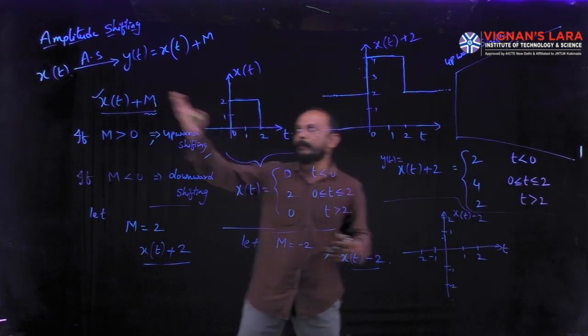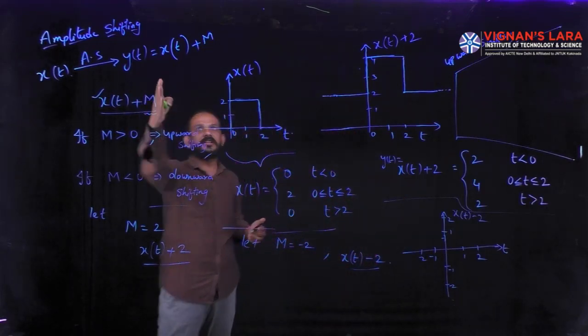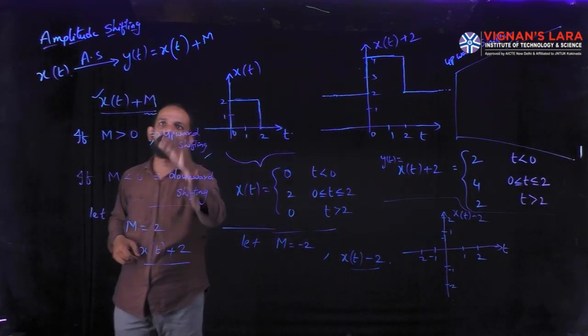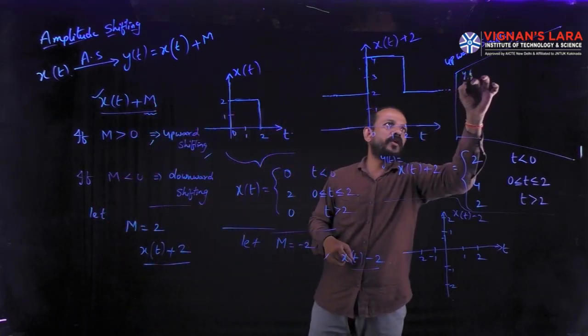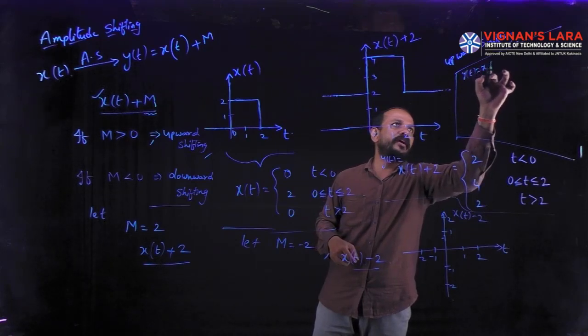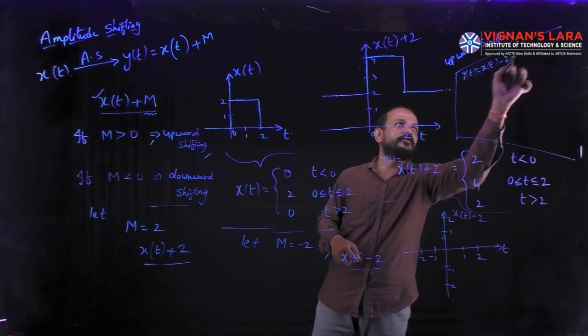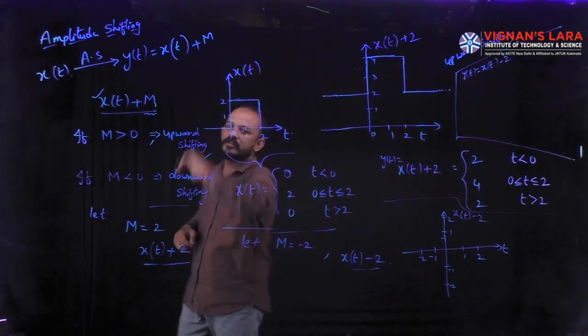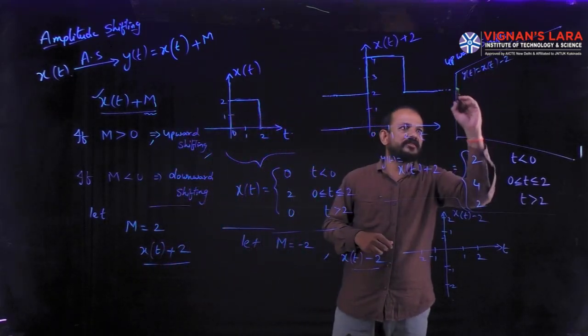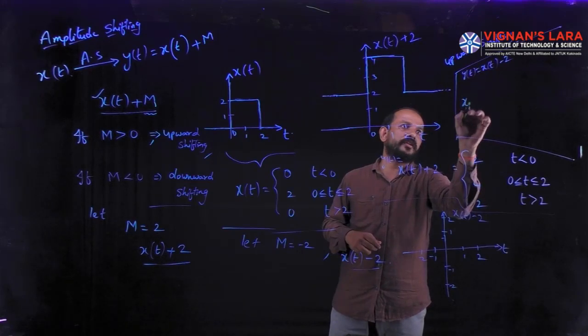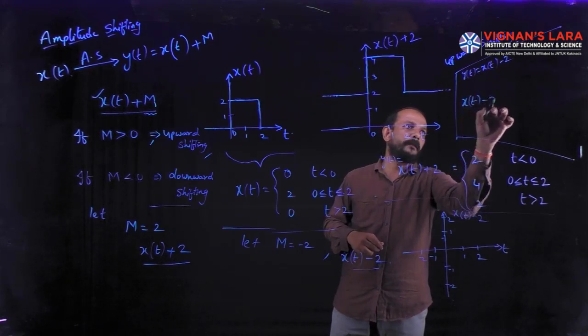Now the amplitude shifted version, that y of t is equal to, in this case, y of t equal to x of t minus 2, because this m value is negative. Now for this I need the equation for x of t minus 2.